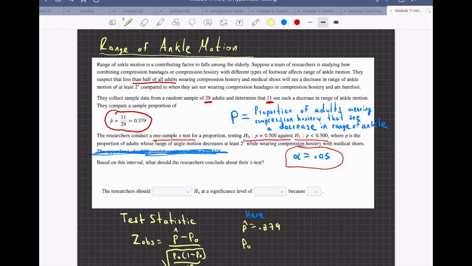So parameter, hypotheses, alpha, test statistic. What is the test statistic here? Remember the test statistic? How do we compute that? Z observed equals p hat minus p null divided by the square root of p null times 1 minus p null divided by n. Here, p hat is 0.379. P null is the hypothetical value of P in the null hypothesis, 0.5. N is 29. And that's all what we need, right? So let's compute that.